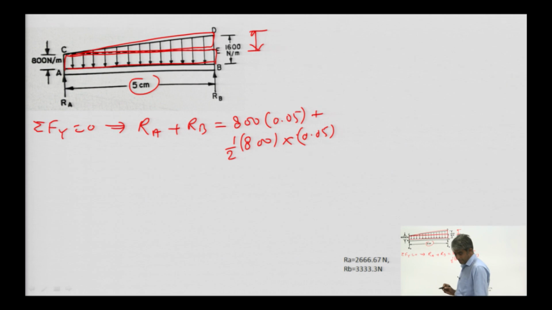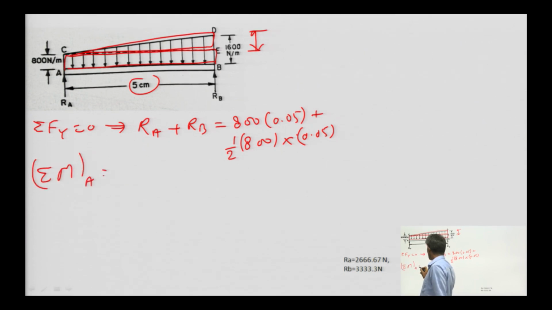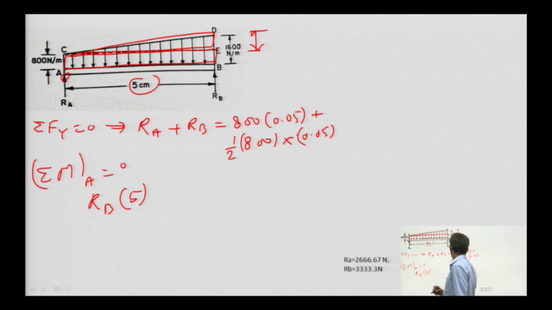After this, apply another equilibrium equation, sigma M about A equals 0. Then here, RB into this distance 5, RB into 5, anticlockwise. You can take positive or negative, it is your choice.